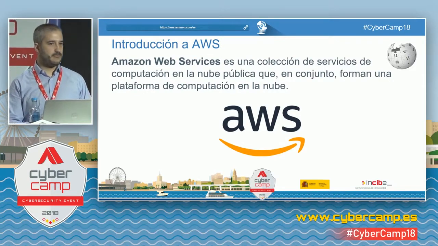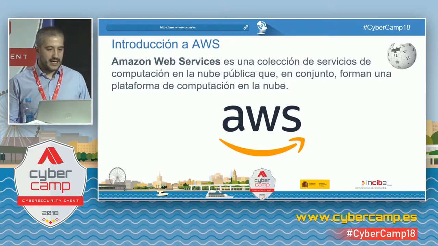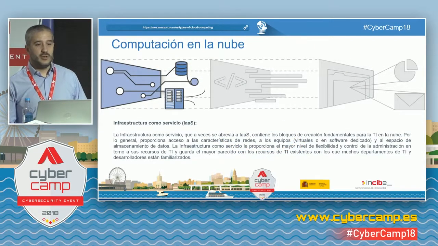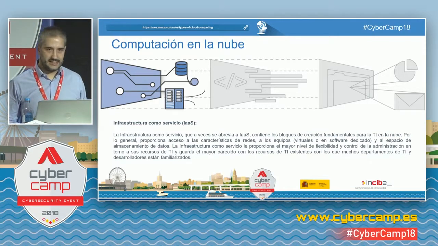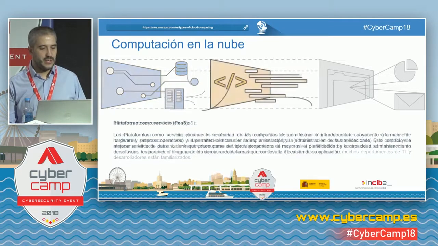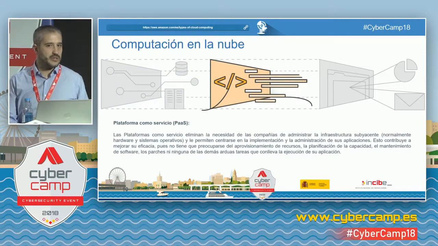So I'm here to tell you about Amazon Web Services. AWS provides different services where we can work with computation in the cloud. So we have three different types of services. First, infrastructure as a service that contributes all basic elements that we need for the infrastructure.